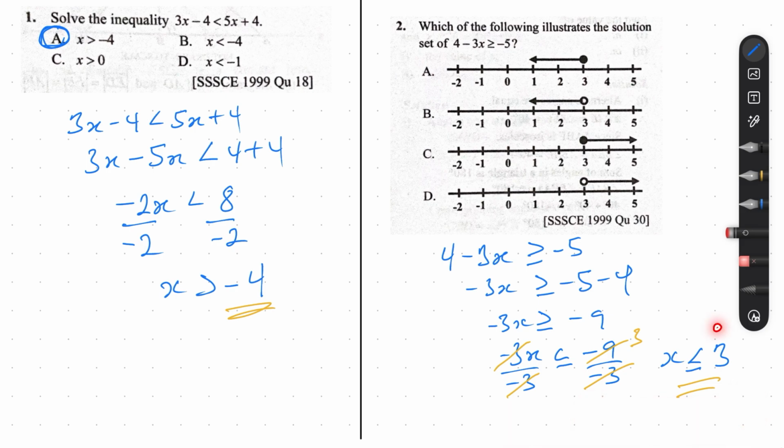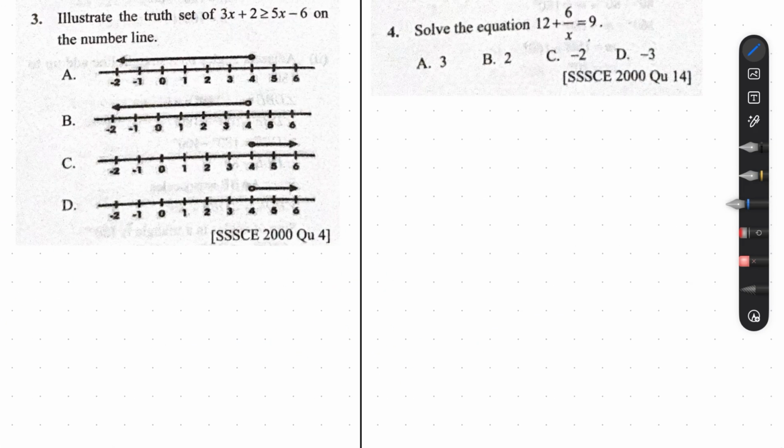And then 3 will be inclusive. So where is that? A shows that perfectly because we have 3 inclusive, then it goes down. So A is our answer.